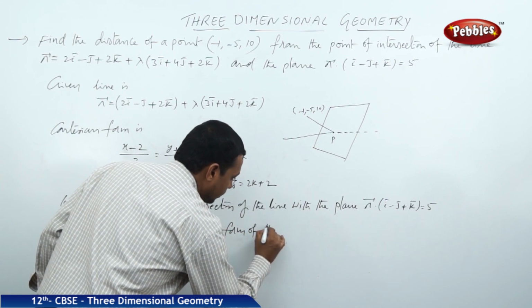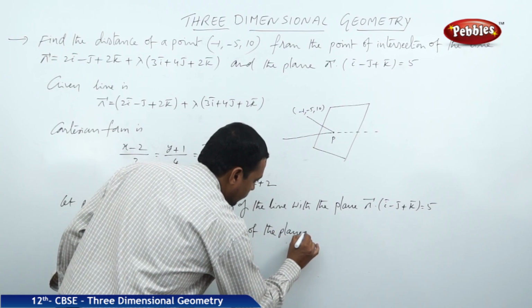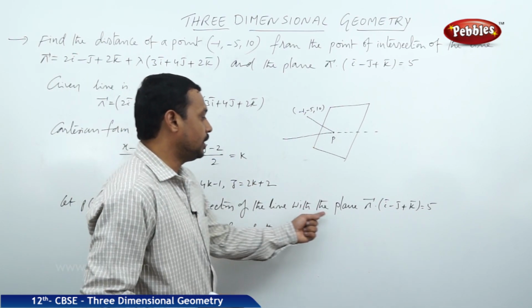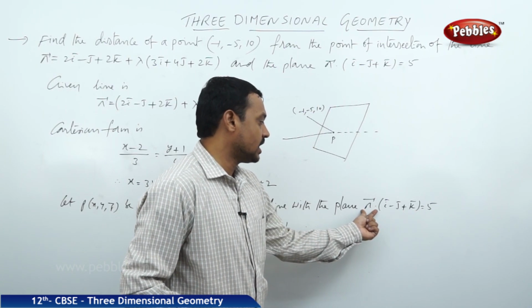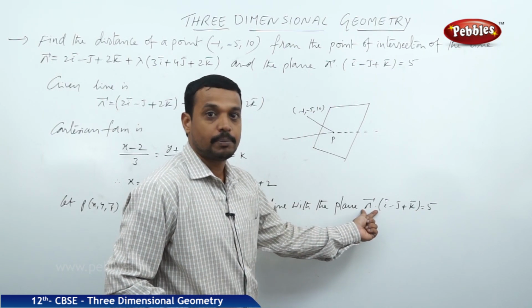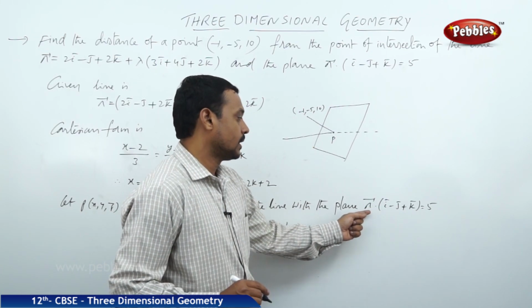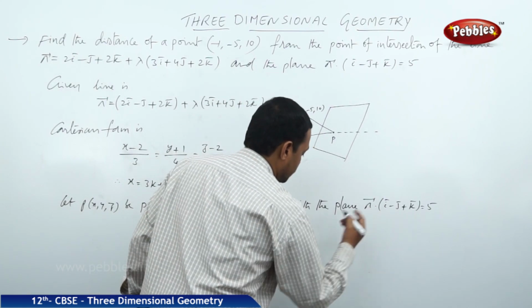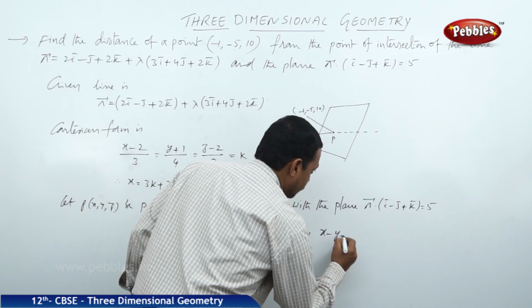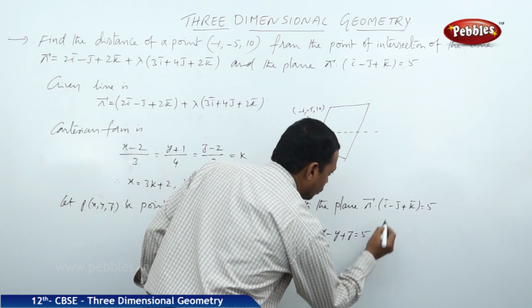To convert into Cartesian form, we consider r bar as a general vector xi plus yj plus zk, substitute and apply the dot product. It changes to x minus y plus z is equal to 5.